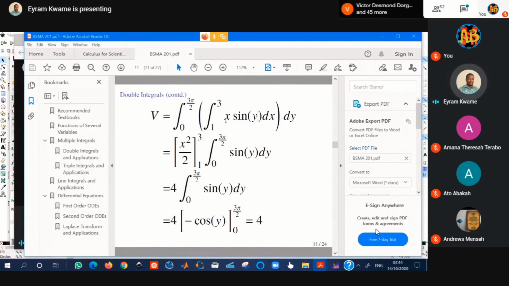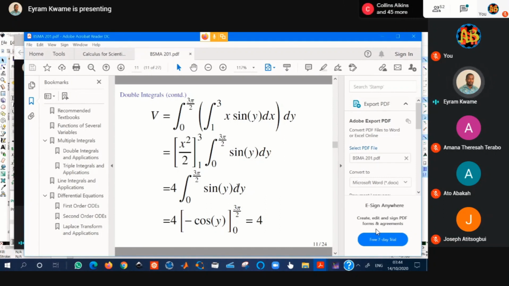Then I integrate x, I have x squared over 2, and I evaluate from 1 to 3. So I've written it right here: integrating from 1 to 3, x squared over 2, while I am waiting for the other integral for y. Now I integrate sine y.